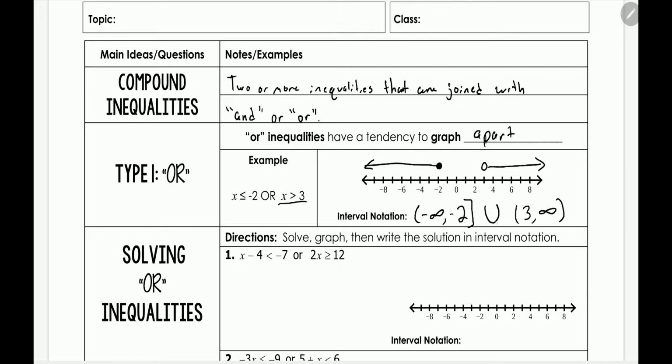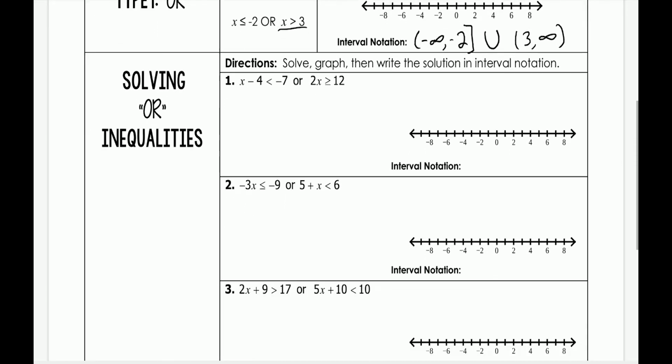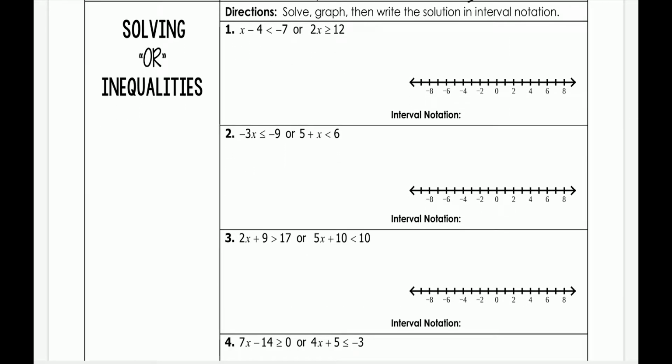So this means that it's both of these. Since it's an or statement, either this one's true or this one's true. As long as one of them's true, we're fine. Okay? So that's basically what we're going to be doing with the or inequalities.